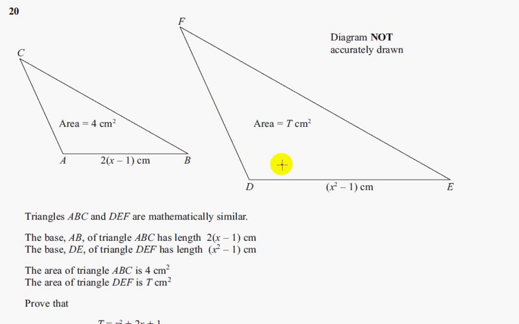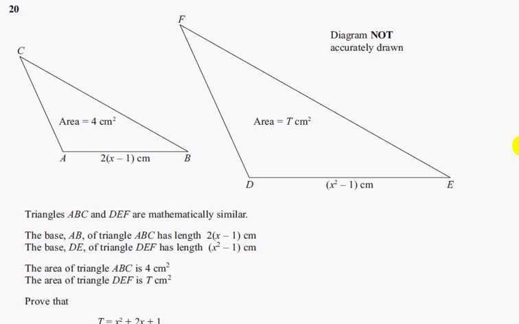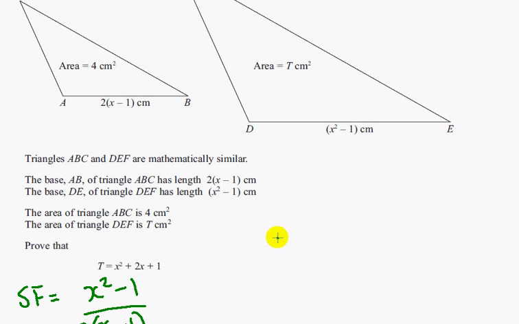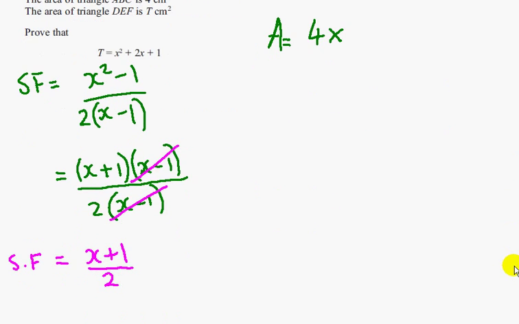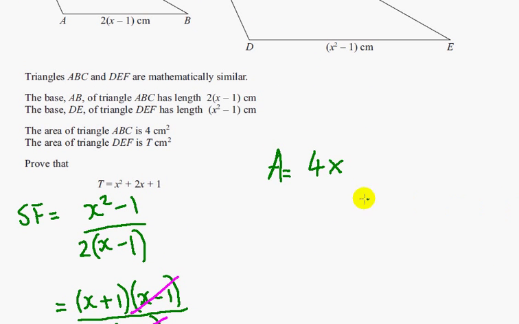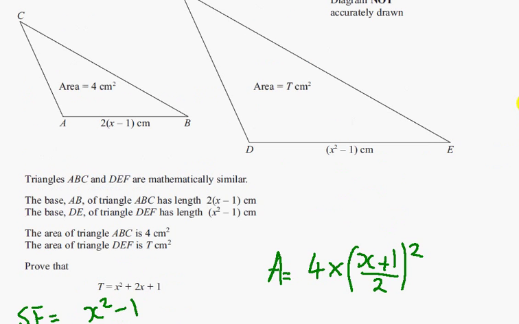So the area of the large triangle is going to be the area of the small triangle, 4, multiplied by the scale factor, which is x plus 1 over 2, squared, as it's an area. So this is the area of the large triangle.